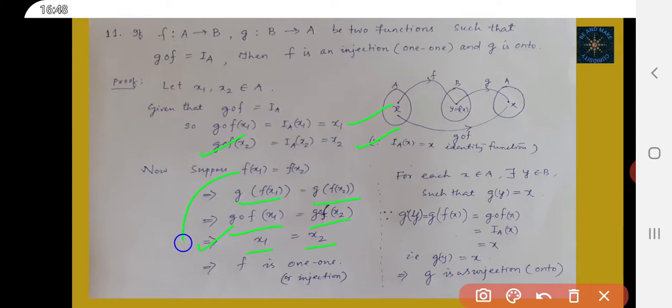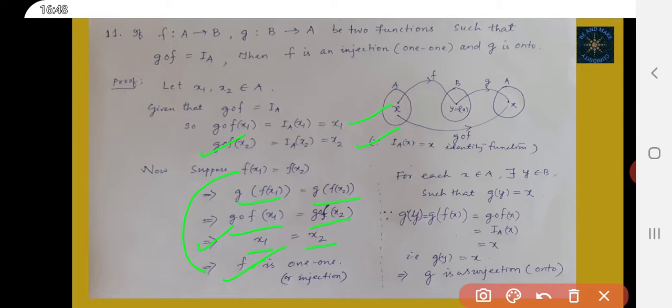So f of x1 is equal to f of x2 implies that x1 is equal to x2. So f is 1-1. f is an injective function.